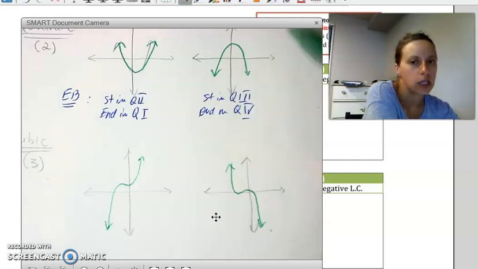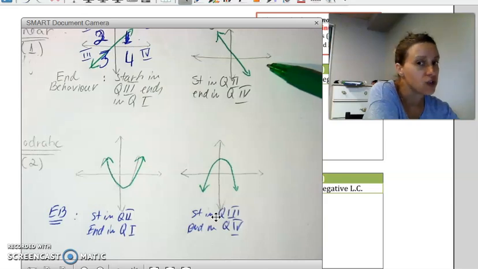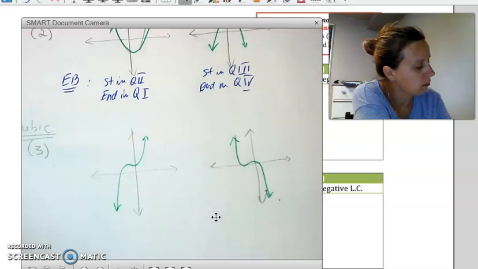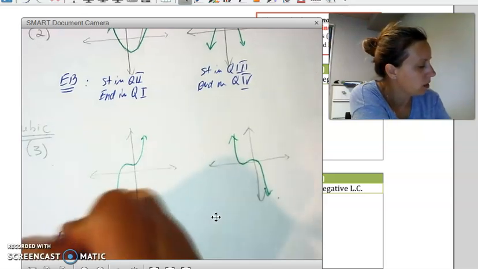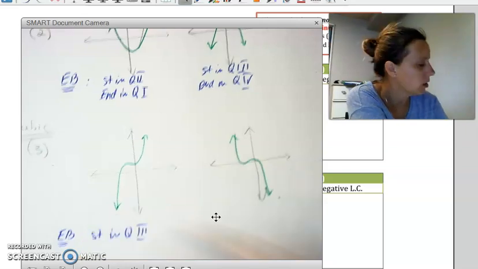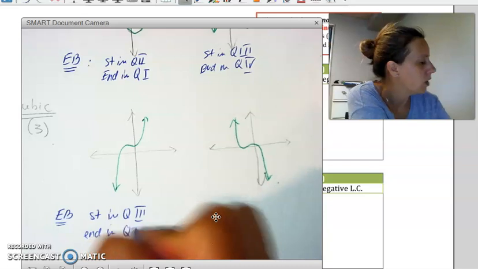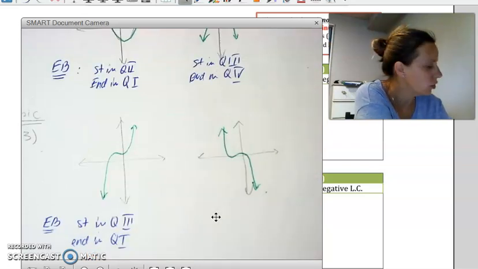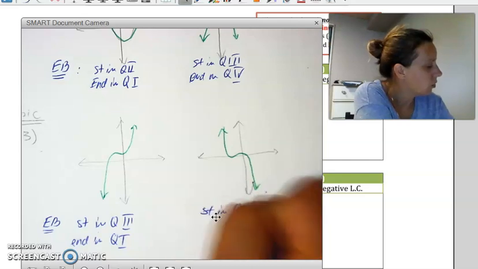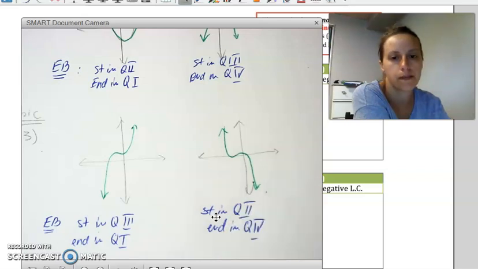If you go back to the linear function, you'll see that the end behavior is exactly the same, just the shape of the graph differs.